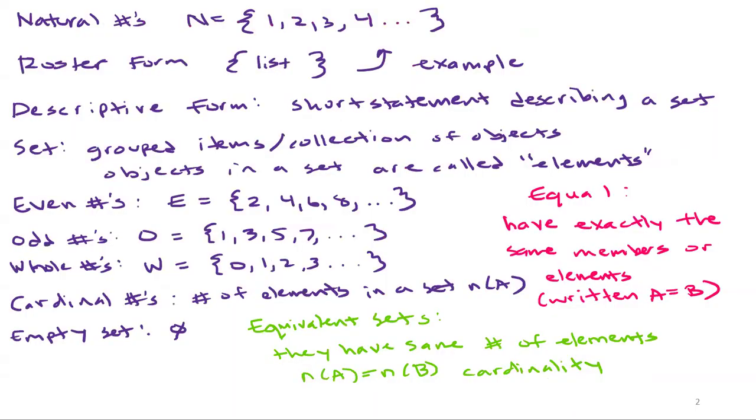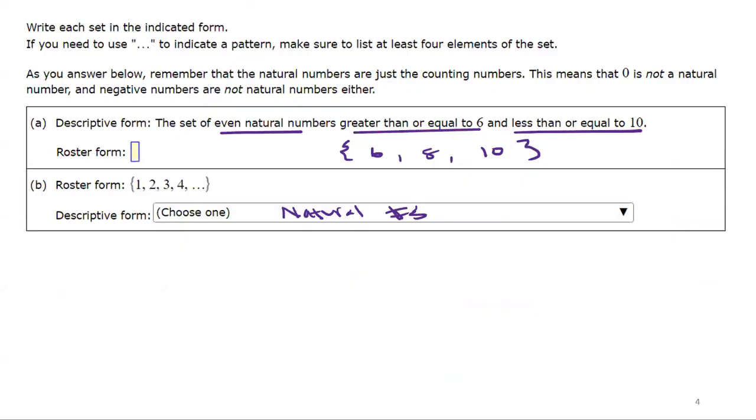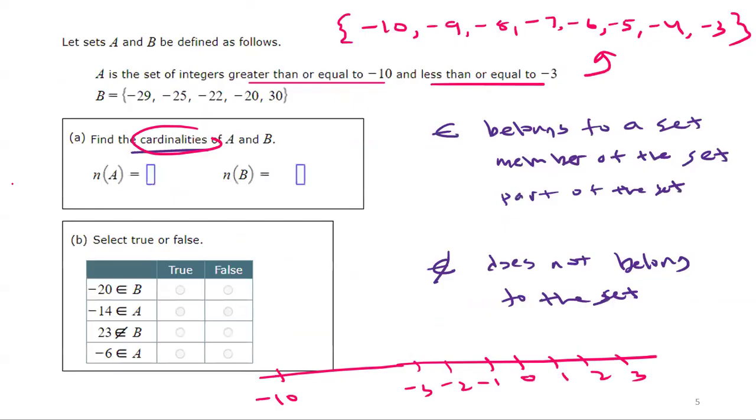So if we go back here to our term page, cardinality means what? It's the number of elements in a set, and it's represented by n(A). So that means you just count them. Okay, so the cardinalities of A and B. So in A, the cardinality of A, you just count how many numbers you have.